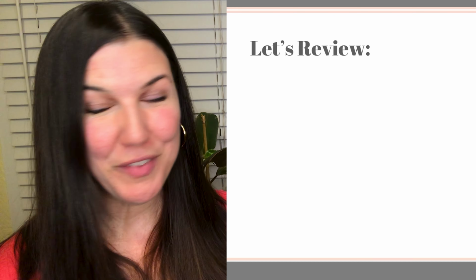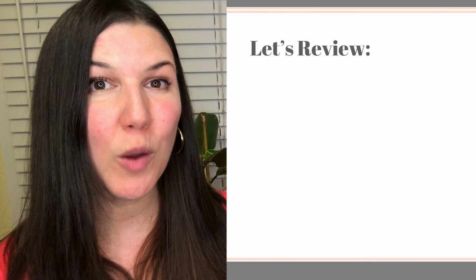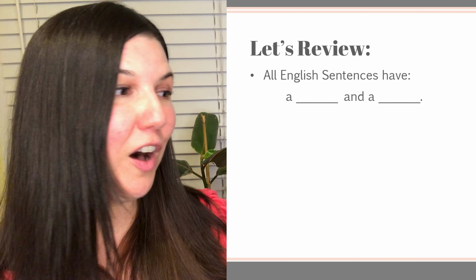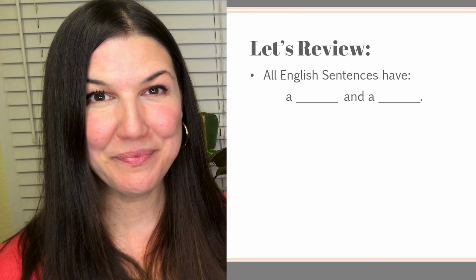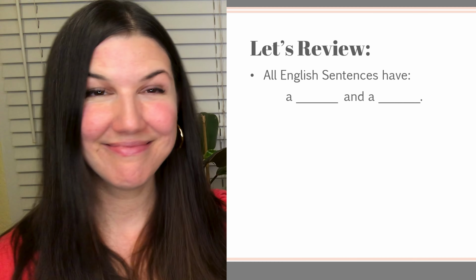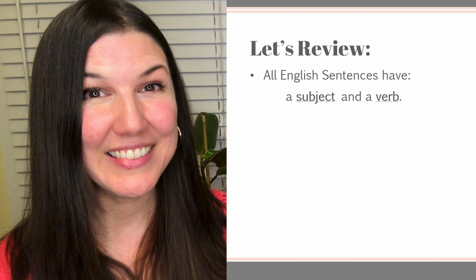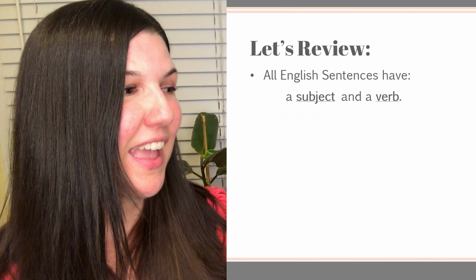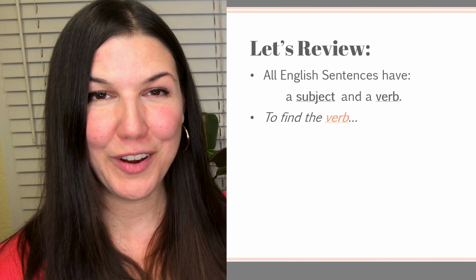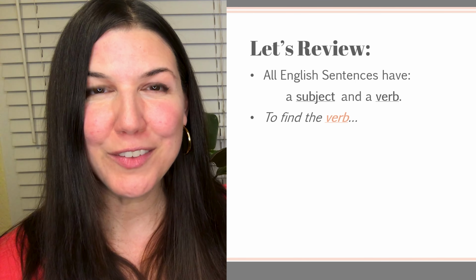But first, let's review. So far we have learned all English sentences have a subject and a verb. And we also learned to find the verb. How do you find the verb? Tell me.